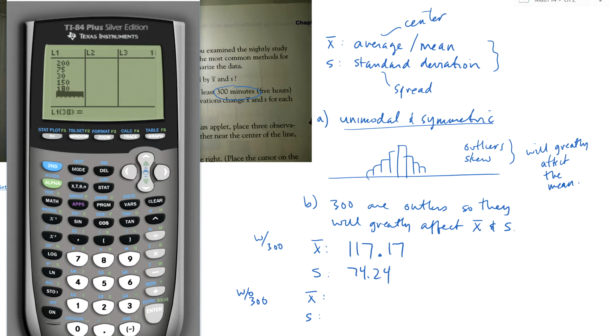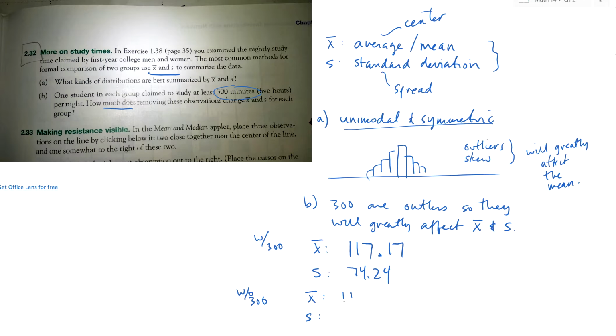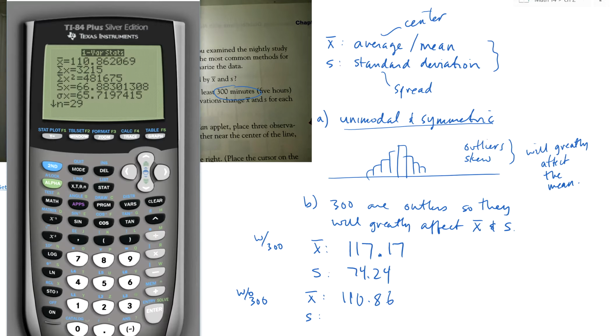So delete, and stat, calc, one variable stat, calculate, and there's my average, now 110.86, and my standard deviation is 66.88.